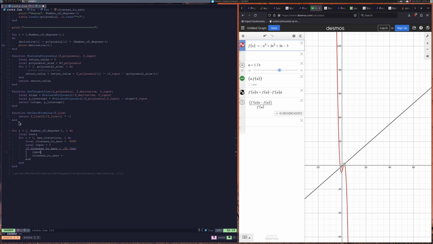Alright, input will equal get 0 from line, and the line is going to be get tangent line of the polynomial, the derivative, and the input.